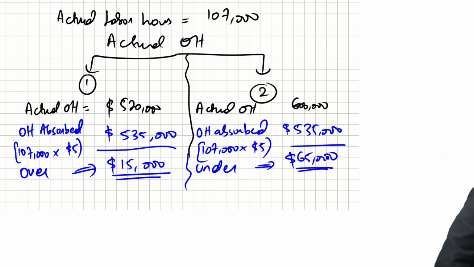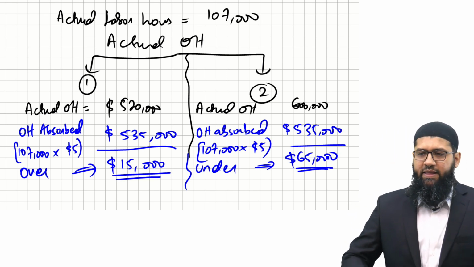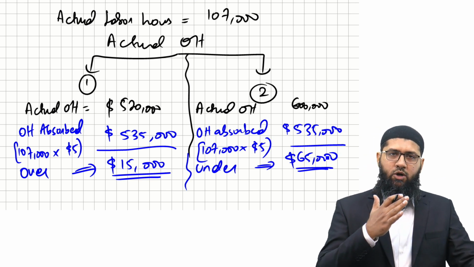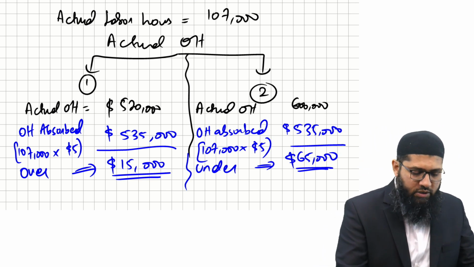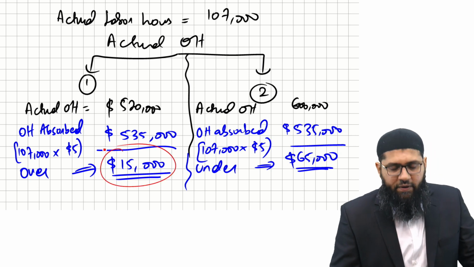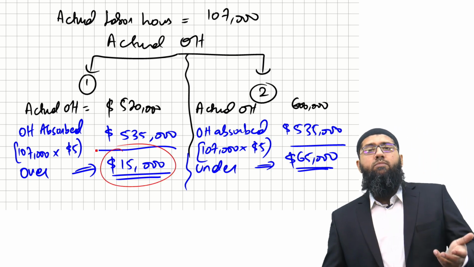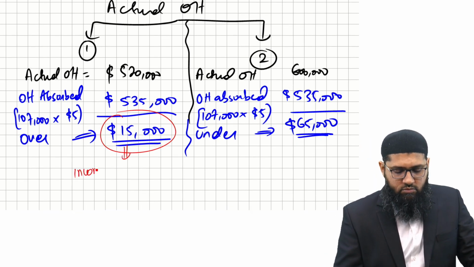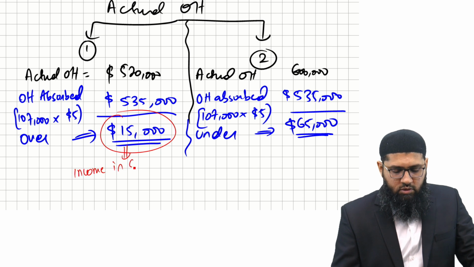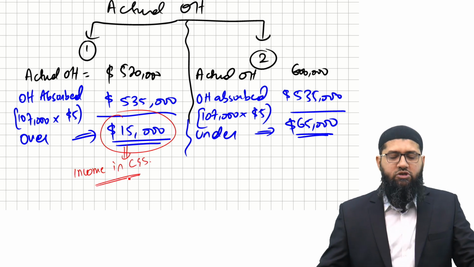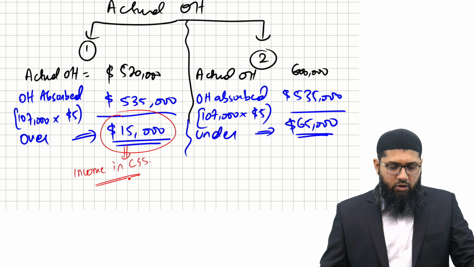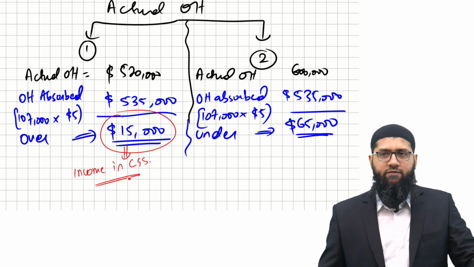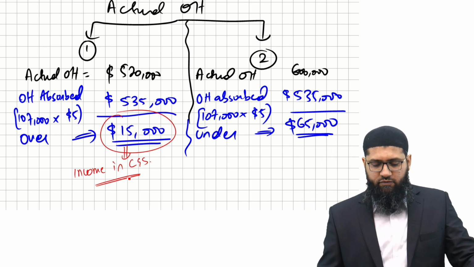Now try to understand something. I told you that there is something called over absorption and something called under absorption. Over absorption means you have absorbed more, so it is treated as income in the cost of goods sold, which means it reduces your cost of goods sold.